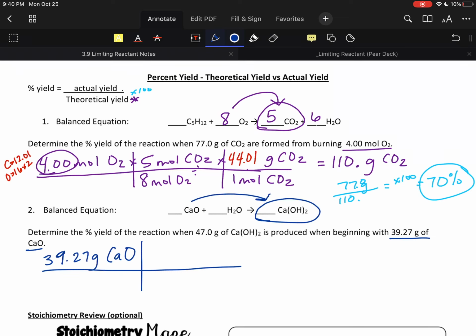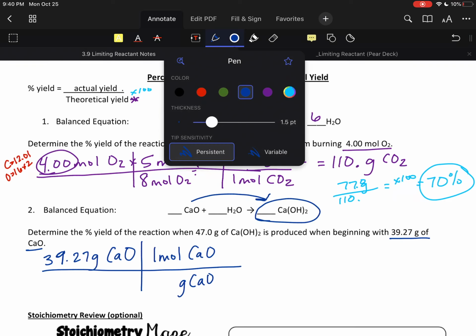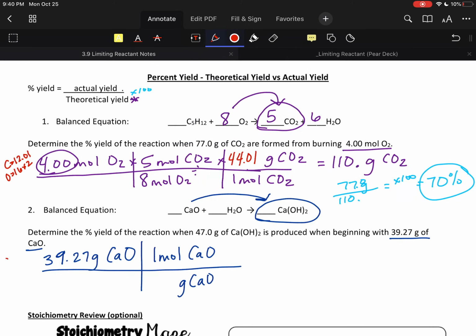Can I go from here to here in grams? No. So I have to convert to moles first. And I do that by the periodic table. So calcium is 40.08. And then oxygen is 16.